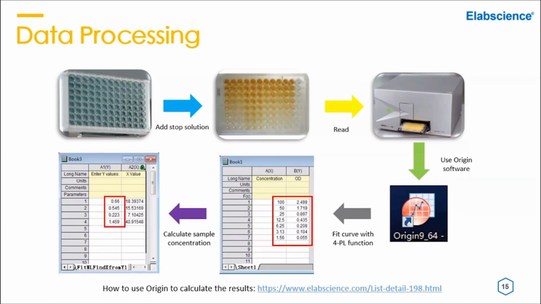After we obtain the standard curve result, this Origin software can automatically calculate the sample concentration by just inputting the OD values. About the detailed operation, you can check the technical article on our website, and I have the link here.